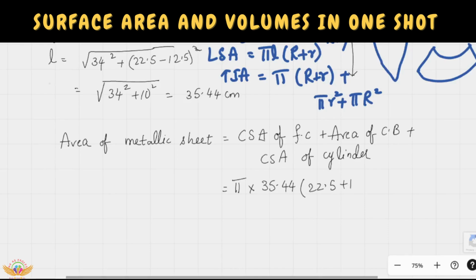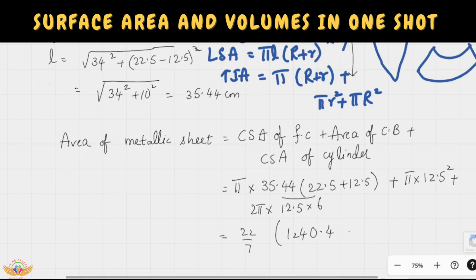Plus the area of the circular base, pi r squared, that is pi into 12.5 squared, plus the curved surface area of the cylinder, 2 pi r h, so 2 into 22 by 7 into 12.5 into 6.